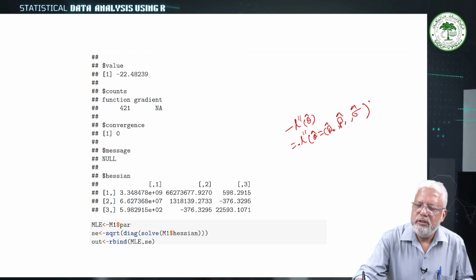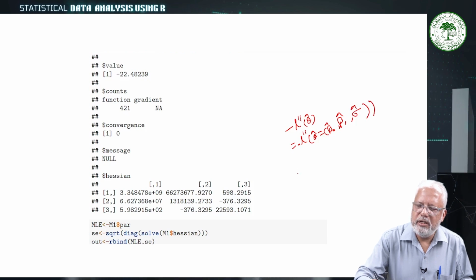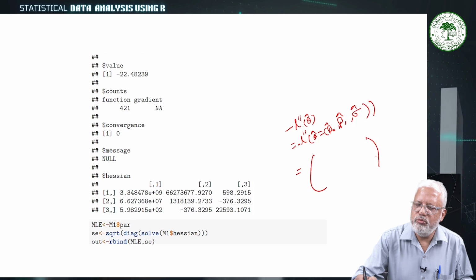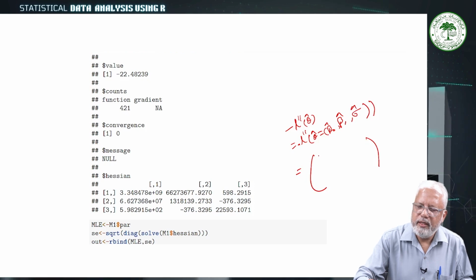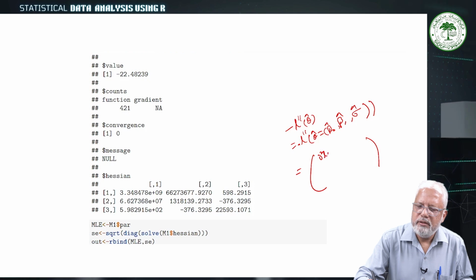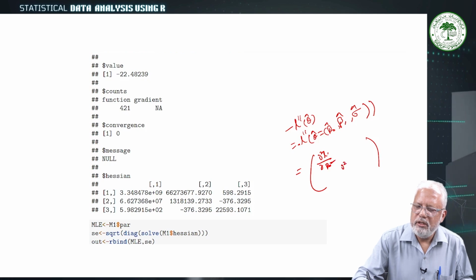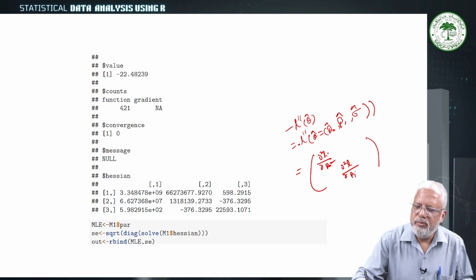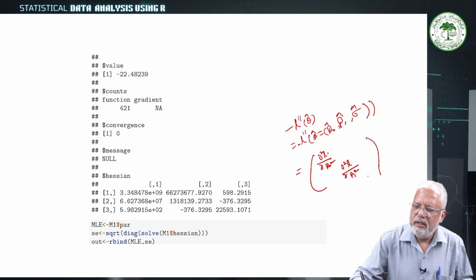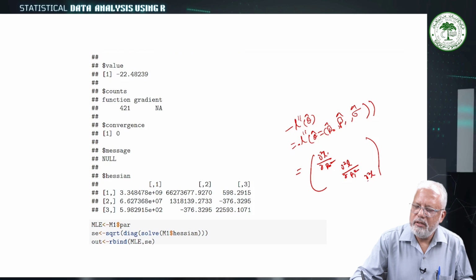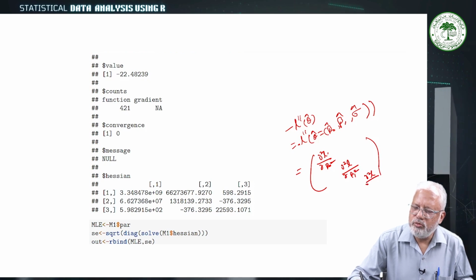These are the second order partial derivatives: del 2L divided by del beta naught square, then in the diagonal del 2L del beta 1 square, and here del 2L del sigma square.